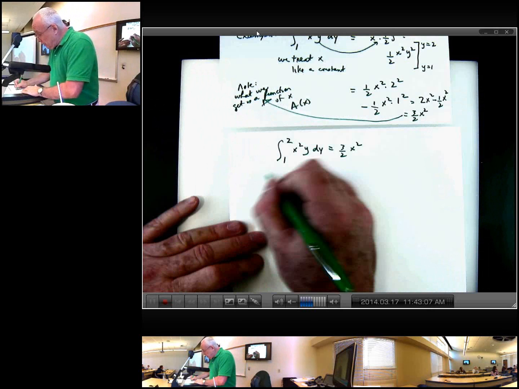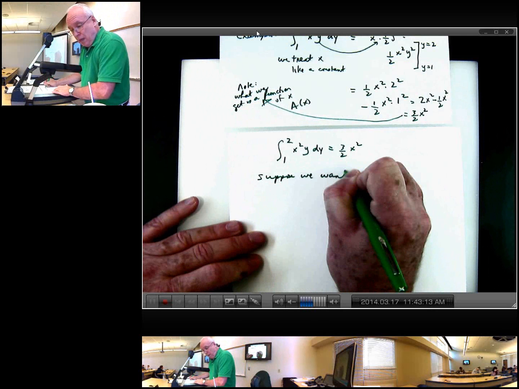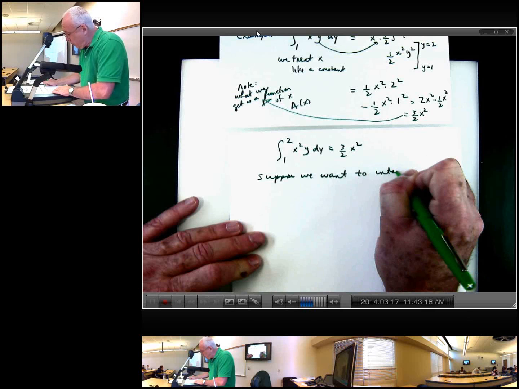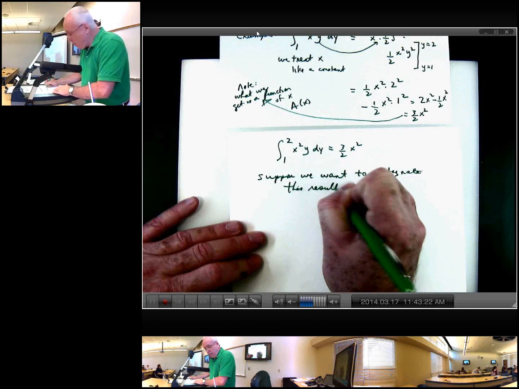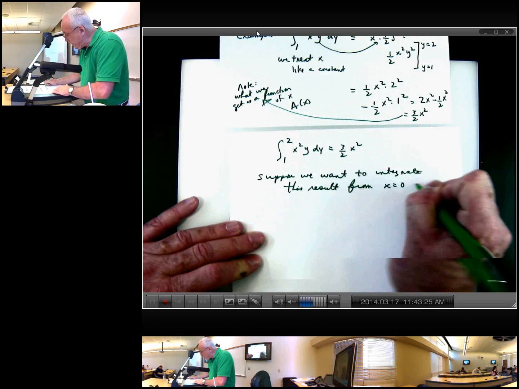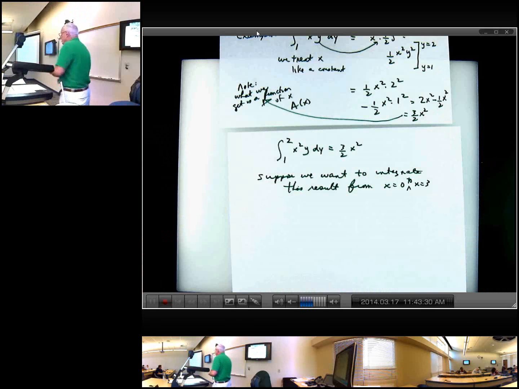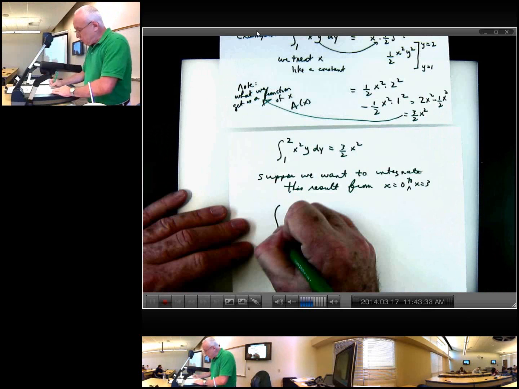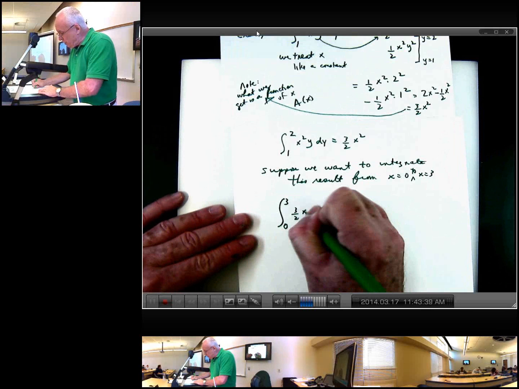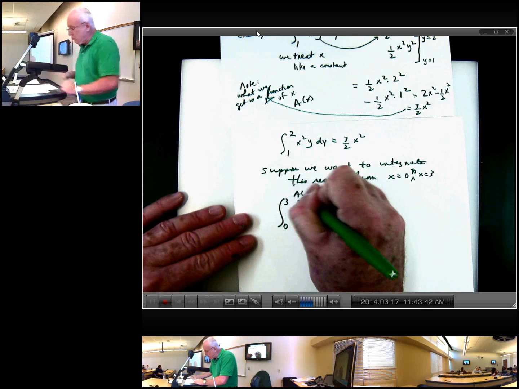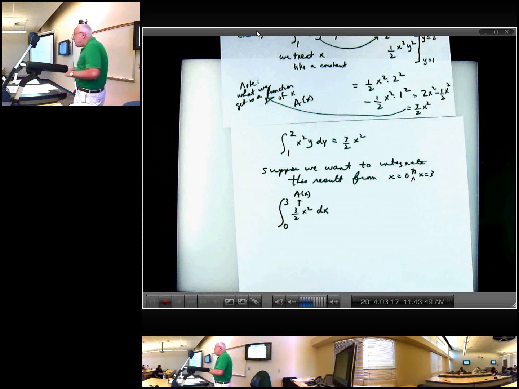So suppose we want to integrate this result from, now x will vary, say x equals 0 to x equals 3, whatever it is. So then we're going to take the integral from 0 to 3 of 3/2 x squared. This was our capital A of x that we got. Do that with respect to x, and now we will get a number.